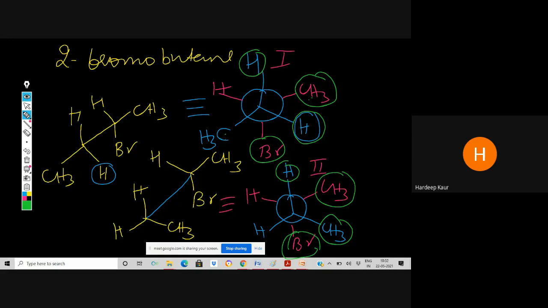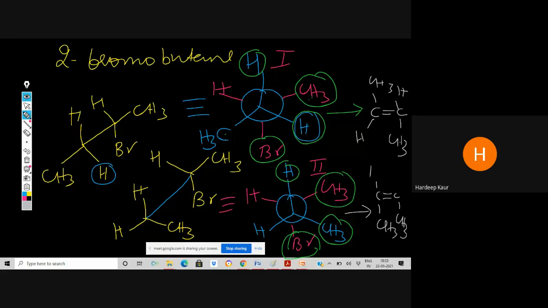Yes. So this first structure is highly favorable, so let us draw the products. In this case, the product has a structure like this: C double bond C, and two methyls exactly opposite to each other, H. In the other case, the product will be C double bond C with two methyls facing each other.